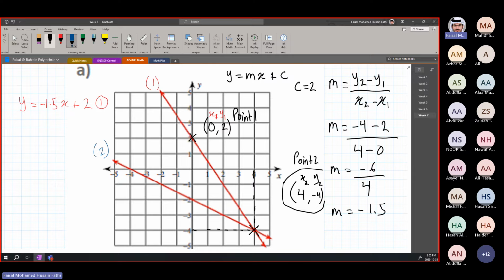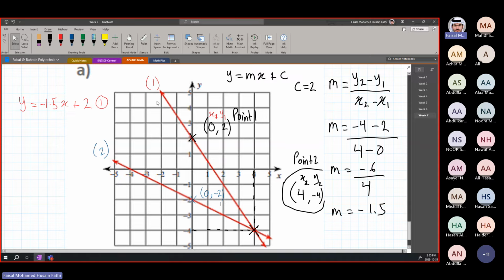We need to find a point for equation 2. So we'll go to the y-intercept. I usually prefer going there, since the y-intercept is easy to find from the graph. It is 0 for the x part and minus 2 for the y part. There is no specific reason why we choose this point.